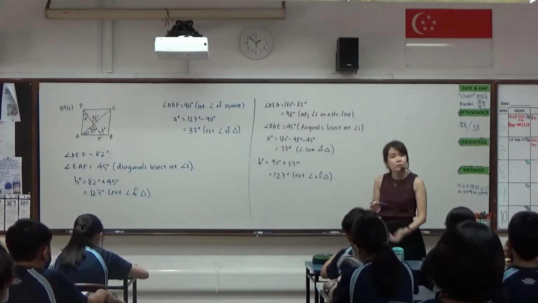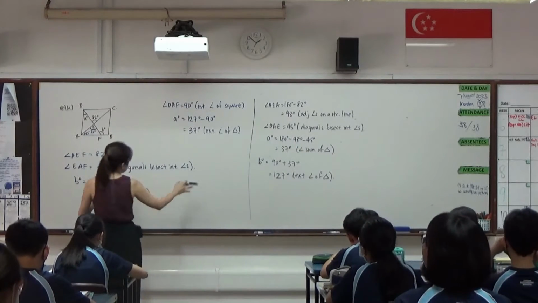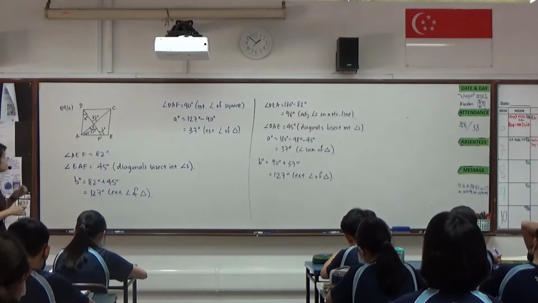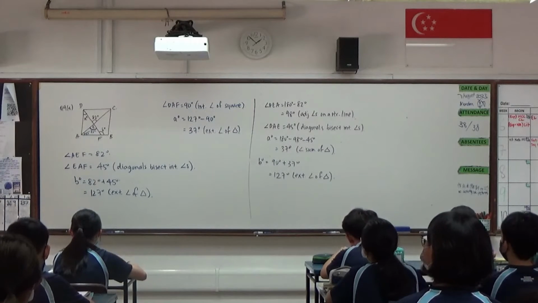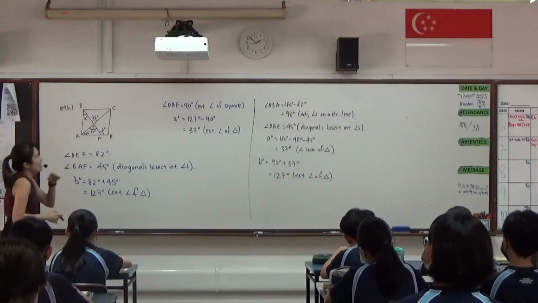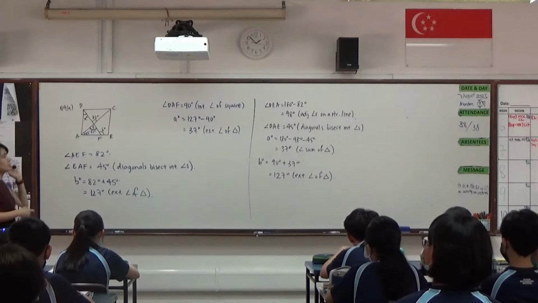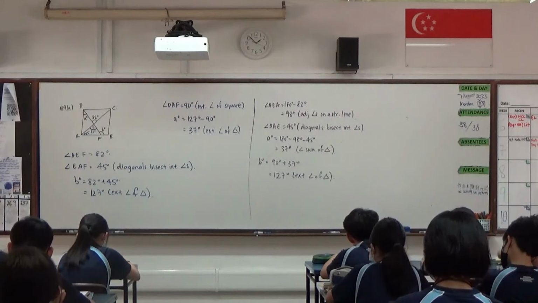Now, there are many ways to go about solving this. The solutions presented here are not the only ways. In fact, when I was in my other class earlier on, they gave me a different set of solutions. However, for the ones written in blue, I wouldn't encourage it because it was going in the wrong sequence.